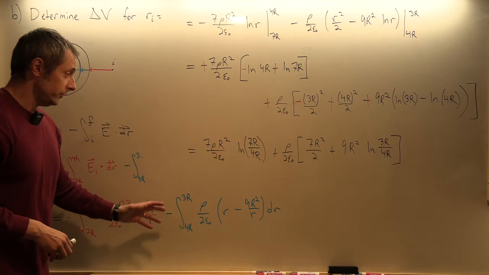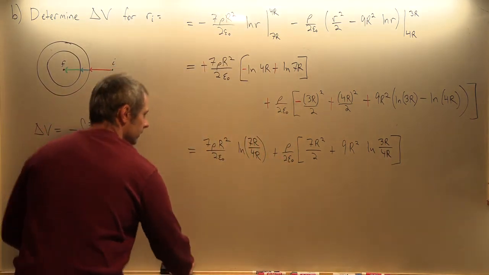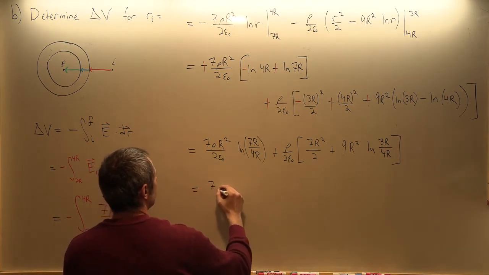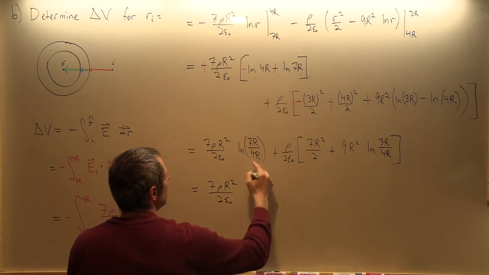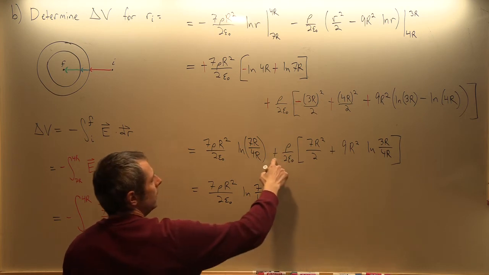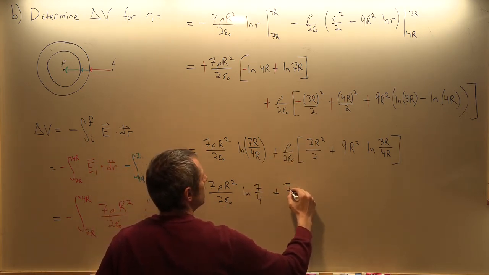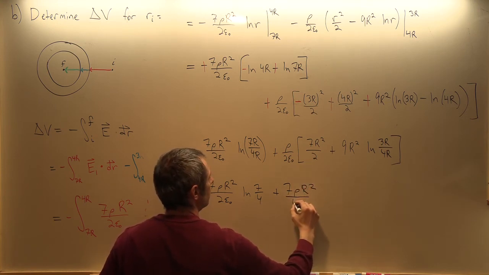And I'm going to erase this down here to continue on. So 7 rho r squared over 2 epsilon 0 log of 7/4. Distribute this through: 7 rho r squared over 4 epsilon 0.